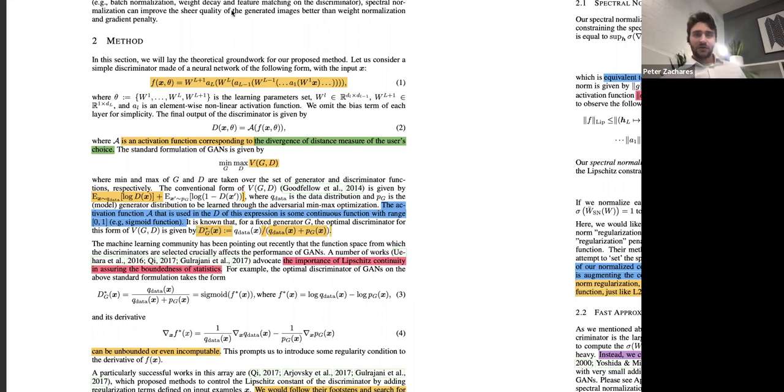Oh, there's a question. So they're saying Lipschitz continuity makes the discriminator more robust because it allows it to not estimate unbounded statistics.